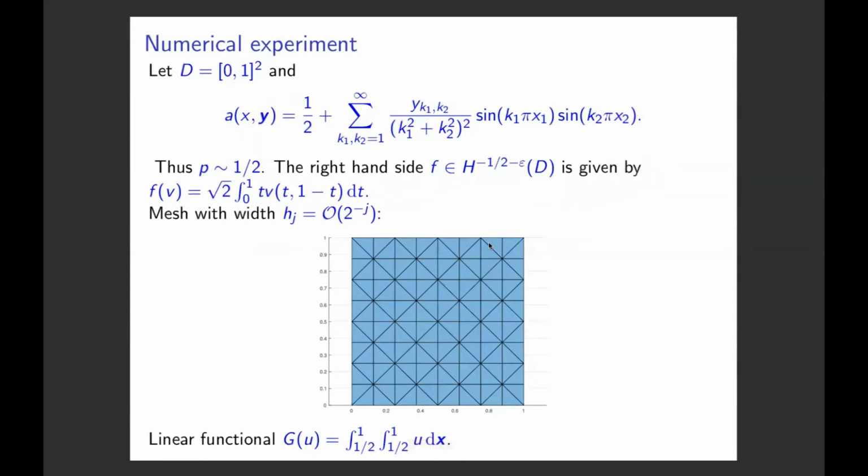We also performed some numerical experiments. So we have here a simple example where we have a square domain. The random diffusion coefficient is given by this expression here. We choose some right-hand side function f here of this form and use some finite element mesh width illustrated here, and the linear functional G(u), which is just the integral over part of the domain.